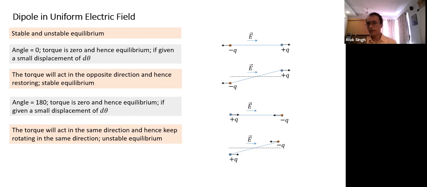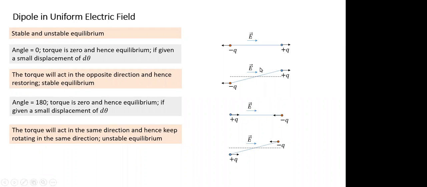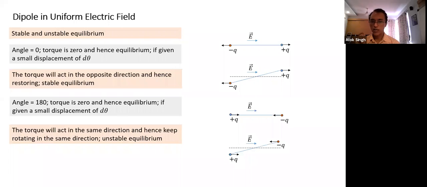What will happen in the first case if we give a small angular displacement? It will oscillate. What term can we use to define this kind of oscillation? Angular oscillation. The condition for oscillation is that there should be a restoring force; in the case of angular oscillation, there should be a restoring torque.